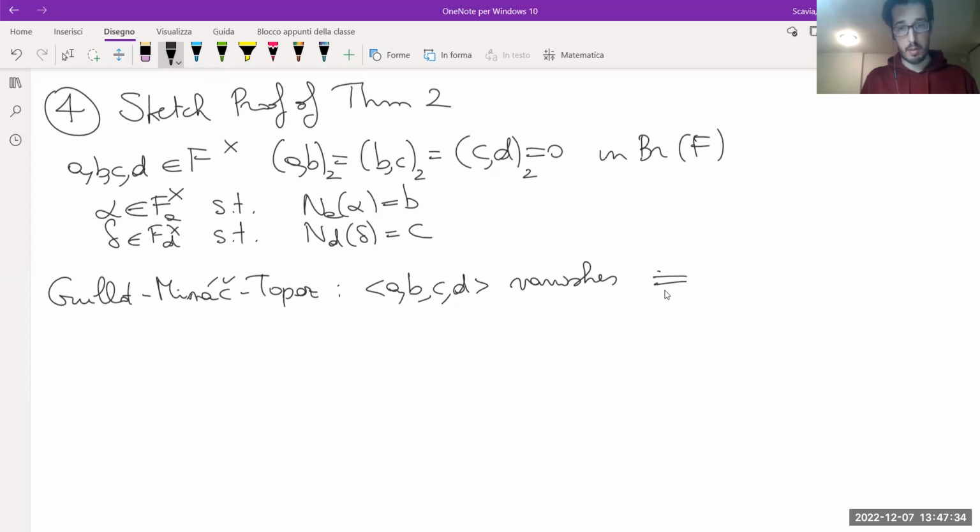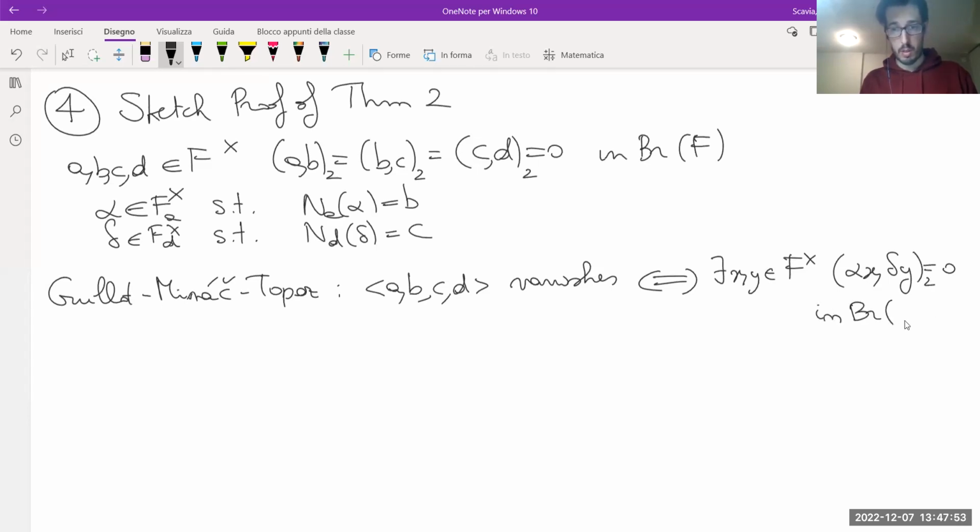if and only if there exist x and y in F* such that the Brauer class (α, x)·(δ, y) is 0 in the Brauer group, the only one where it makes sense, which is F(√A,√D).